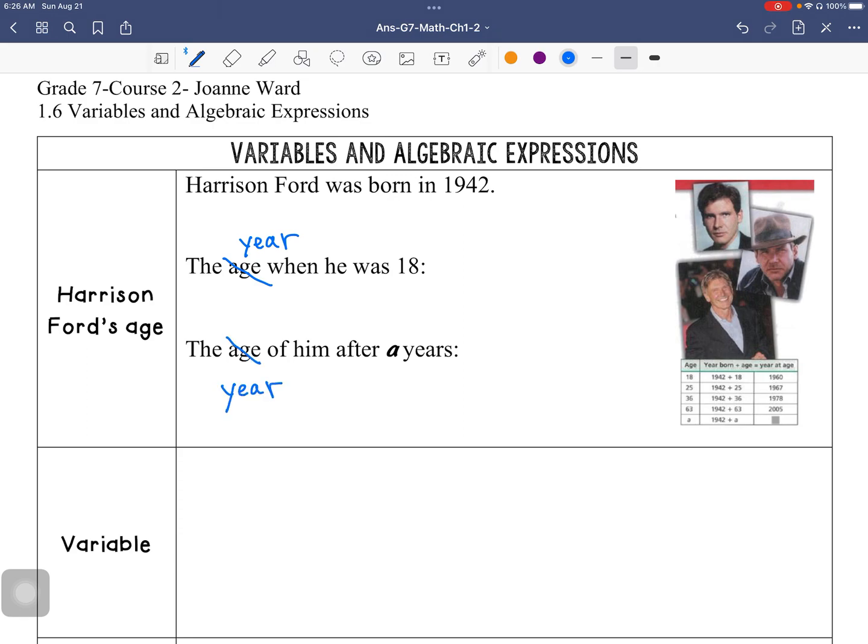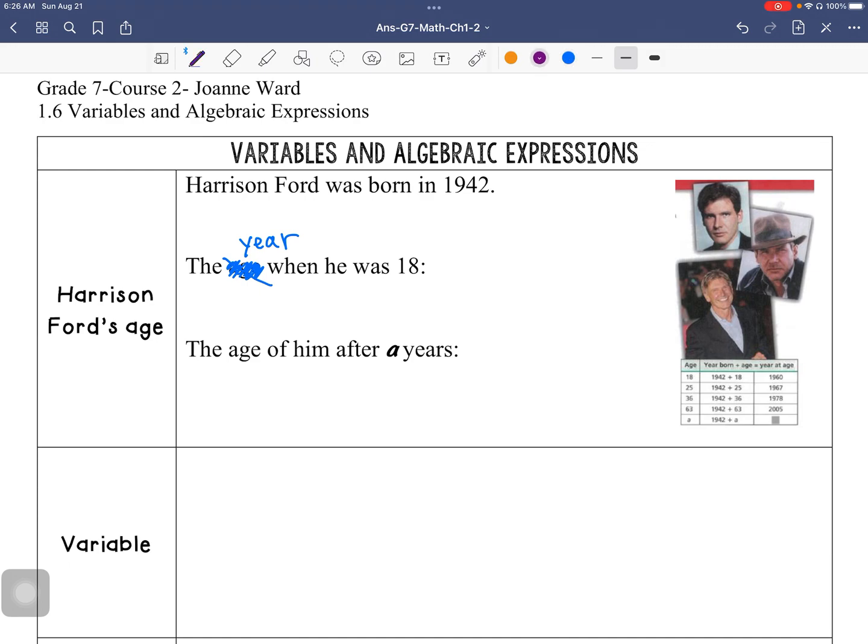I'm sorry, the first one needs to be the year, not the age. Okay, so now this one will work. Just cross this off. The year when he was 18.